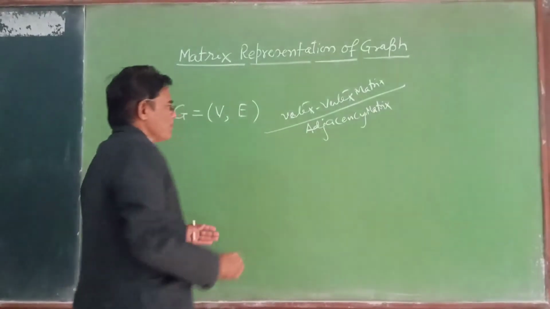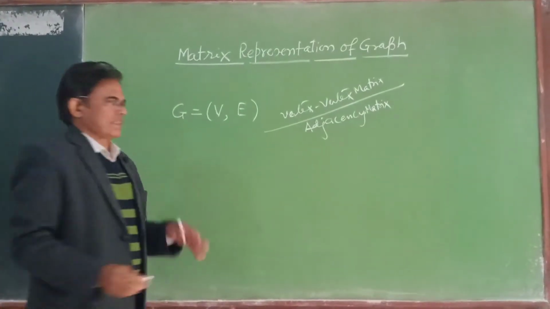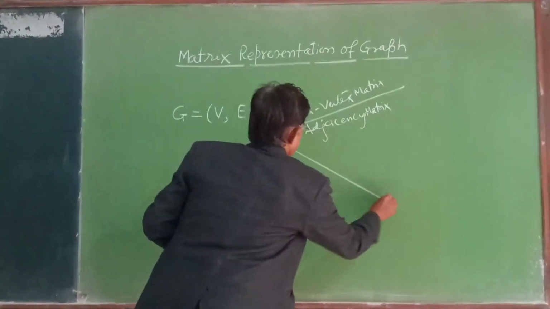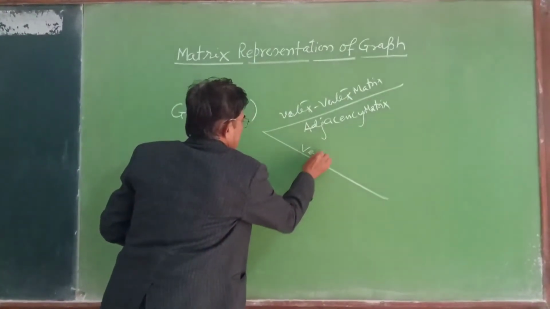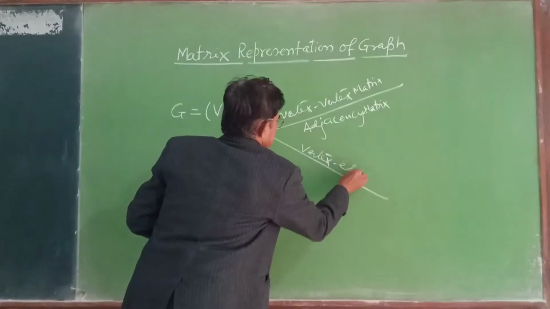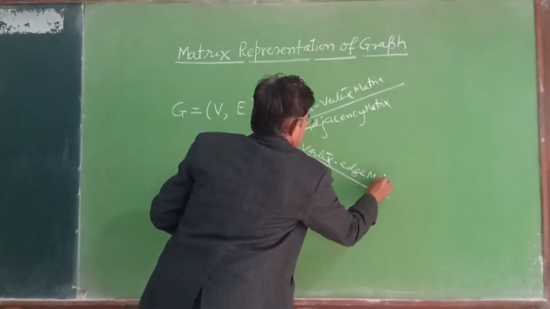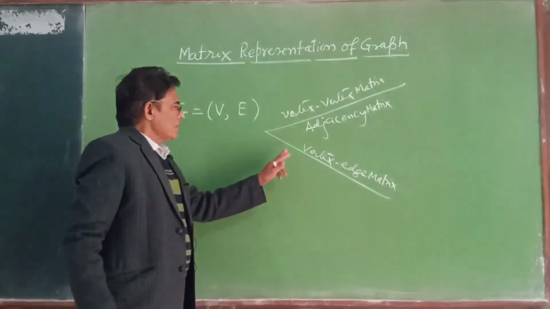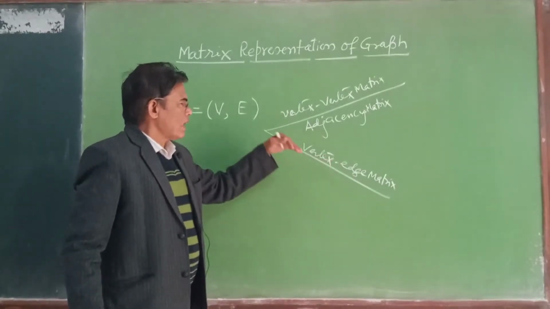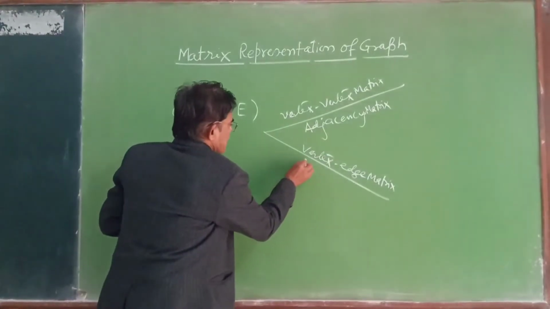And the other is the vertex edge matrix. And this vertex edge matrix is also called the incidence matrix.